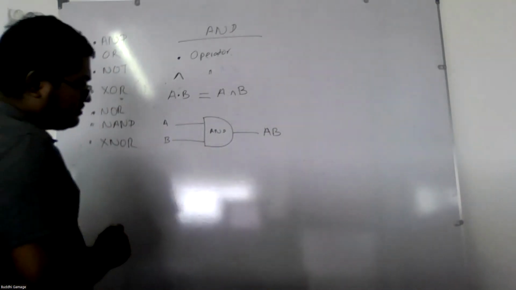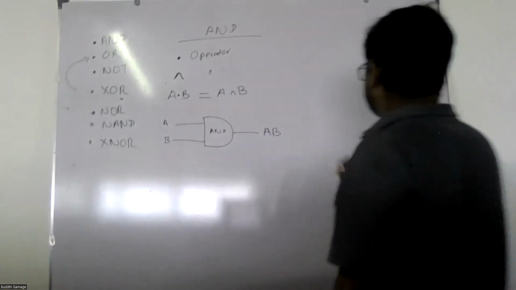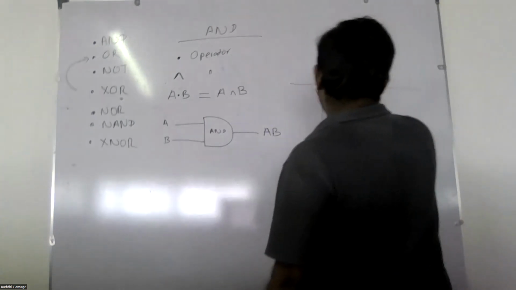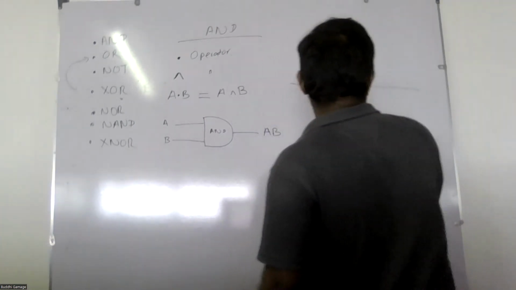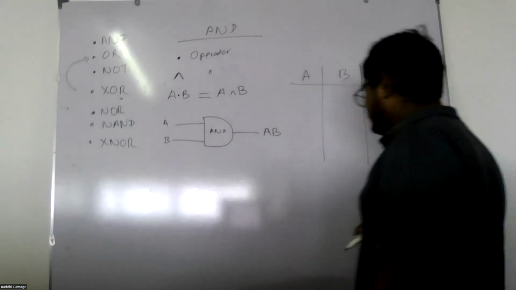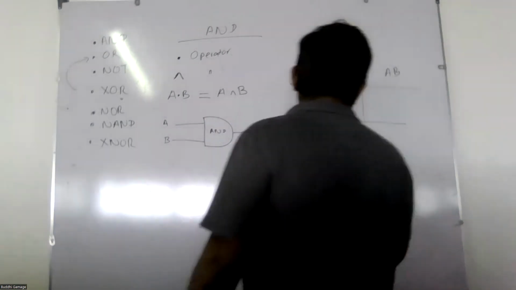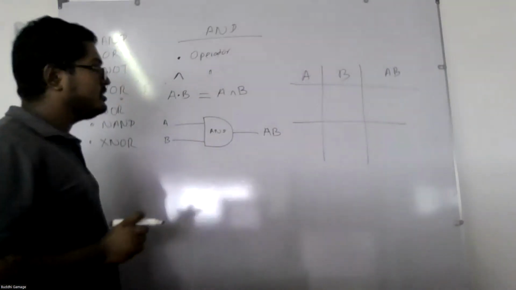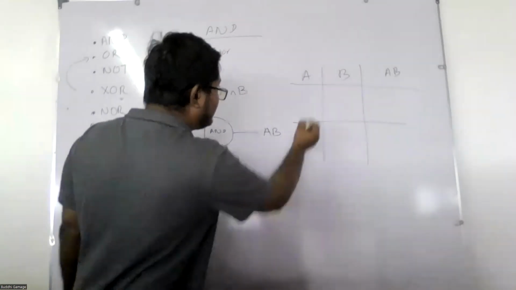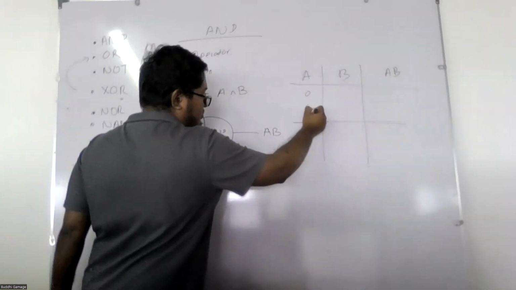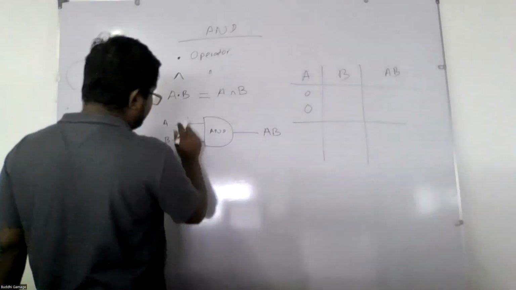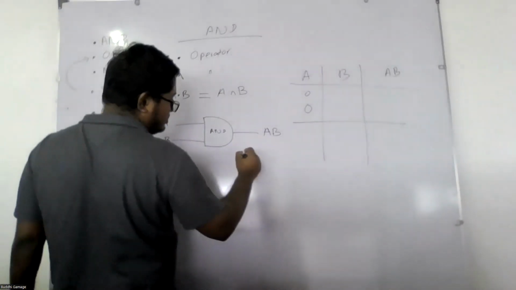Right. So let's consider the truth table for AB. When you derive the truth table, I think you remember this from your A-levels. So there are two inputs.